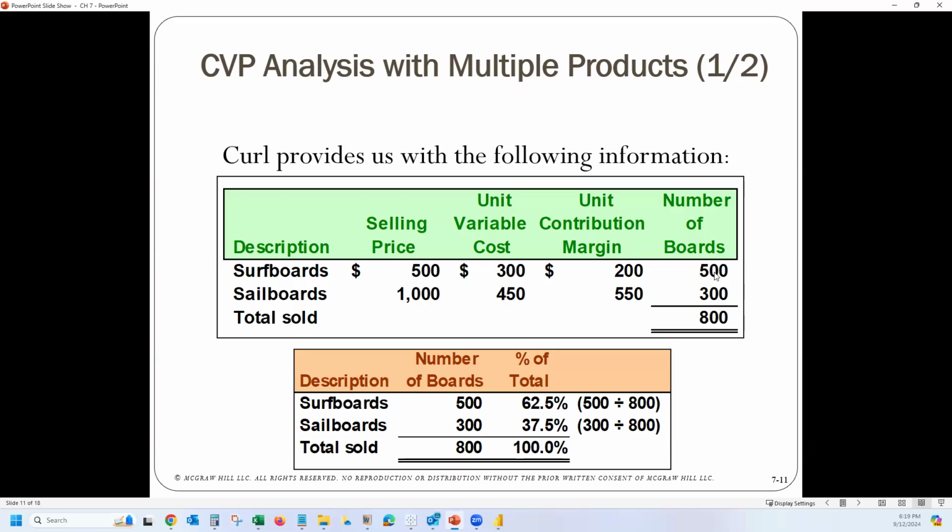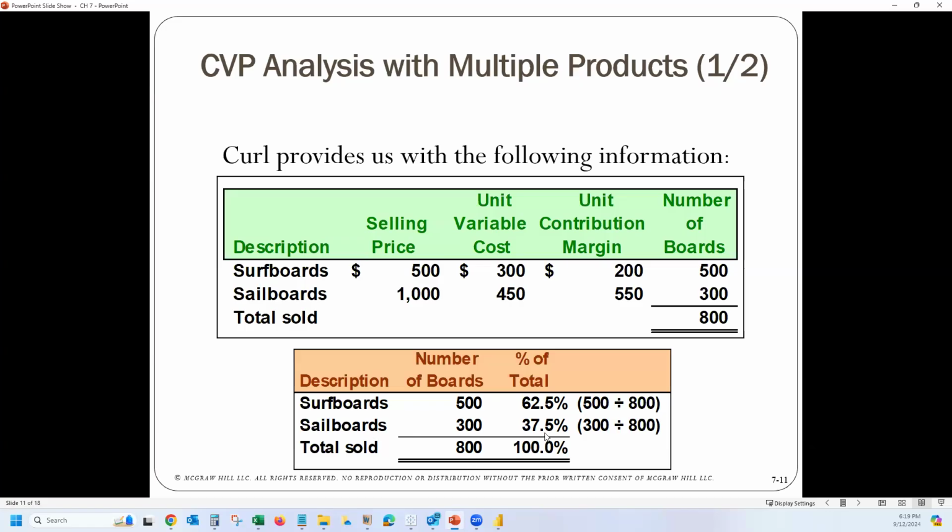So if the number of softboards to break even for this product is 500 units, and then for the salesboard is 300 units, the total is 800, which makes the contribution from the softboard towards the joint sales or the sales mix 62.5% of the total sales units.